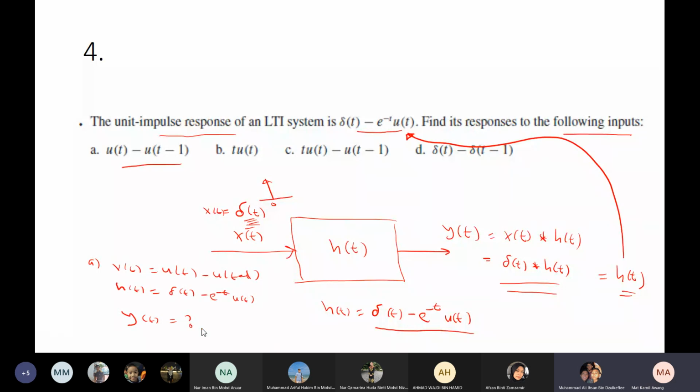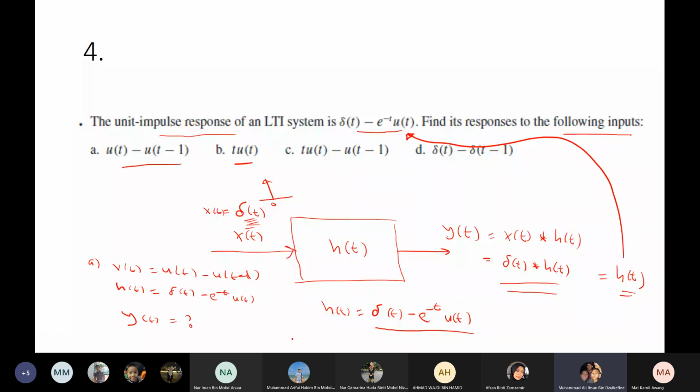That is the question. For B, basically for this, you change this to this, convolved with h of t. For C, this is x. This is x or d. Fine.